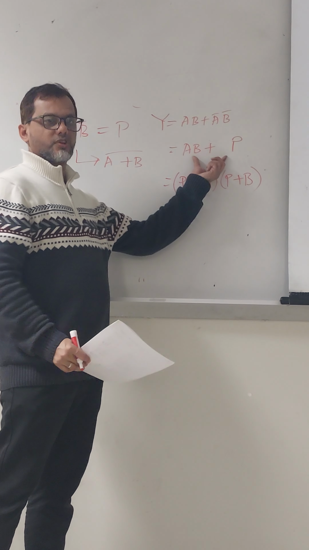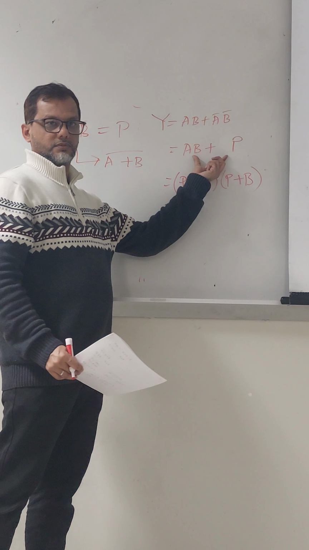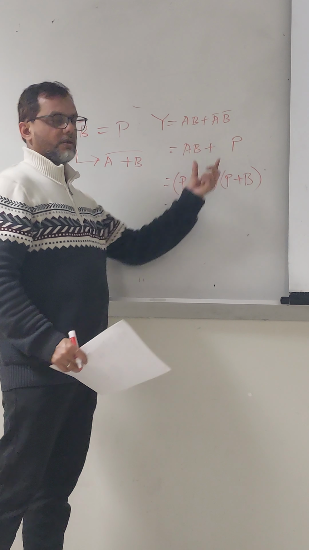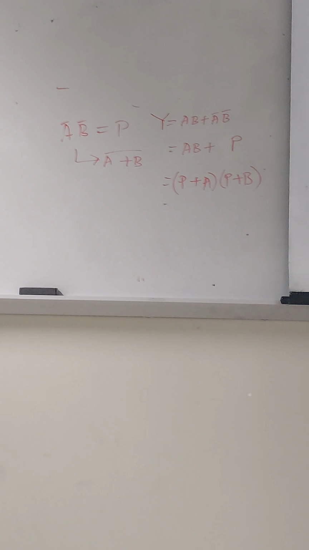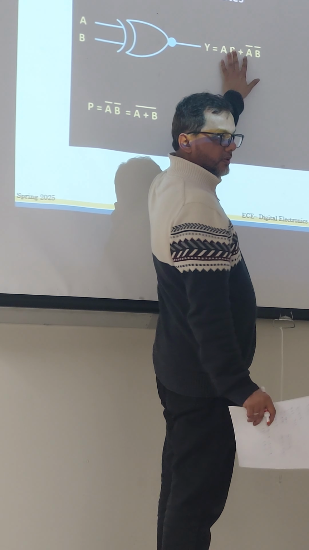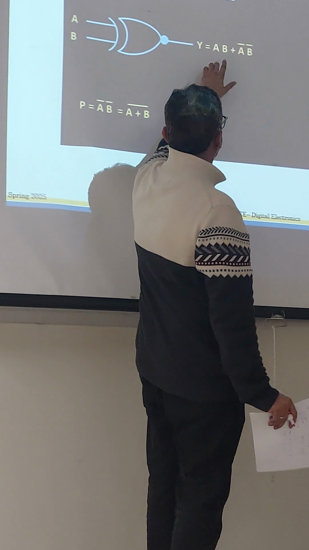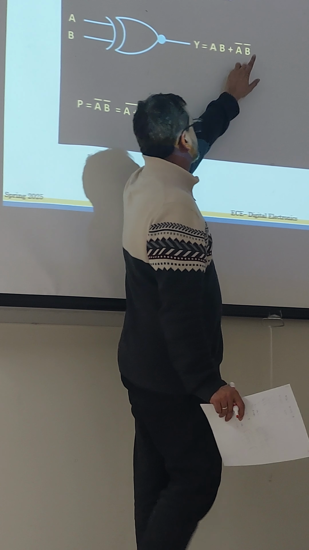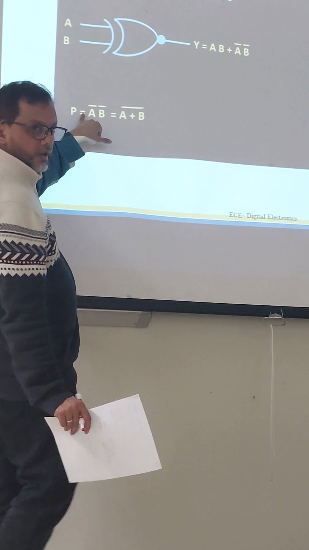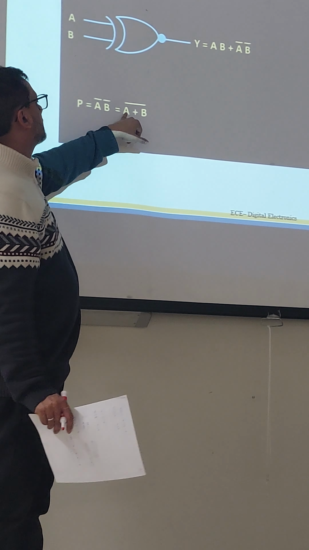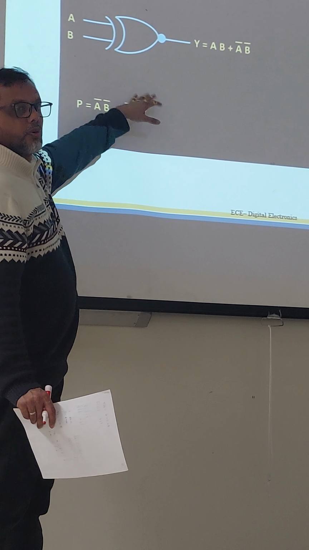The same expression is this one, right? Again, I'm saying it: this is my goal. We have to reach here. This is the XNOR operation or XNOR expression. So here I just say that consider this A bar B bar is P, and this P is also true from De Morgan's, A plus B whole bar.